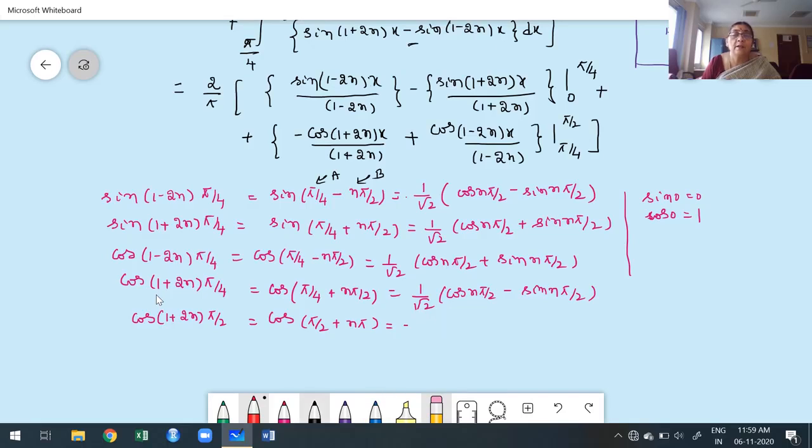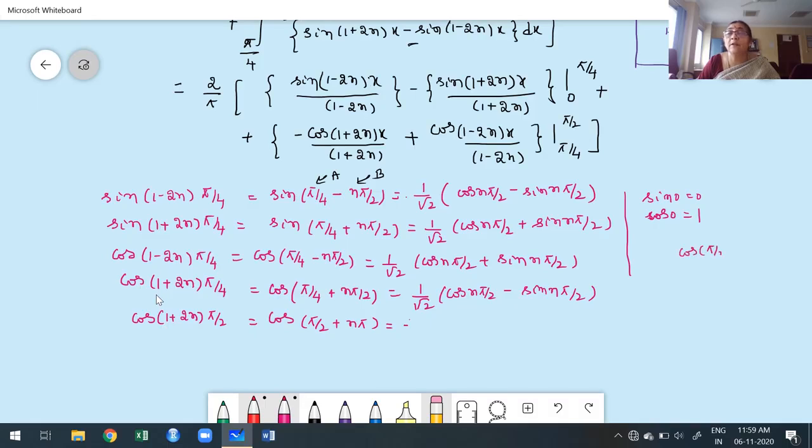Yeah, observe carefully for this. Cos of pi by 2 plus theta. You already know that cos of pi by 2 plus theta and sin of pi by 2 plus theta, now you apply that. What we get? Cos to sin. Now cos of a plus b.